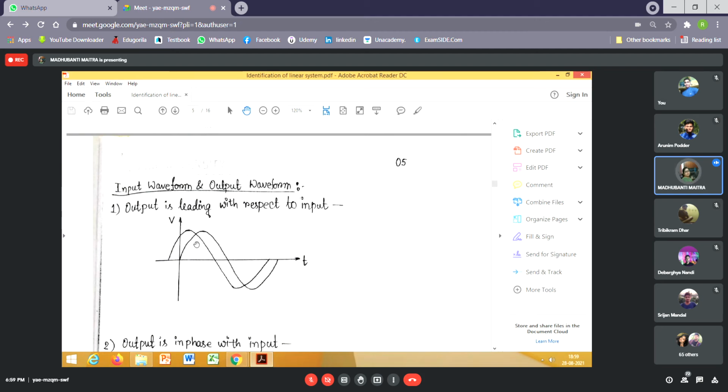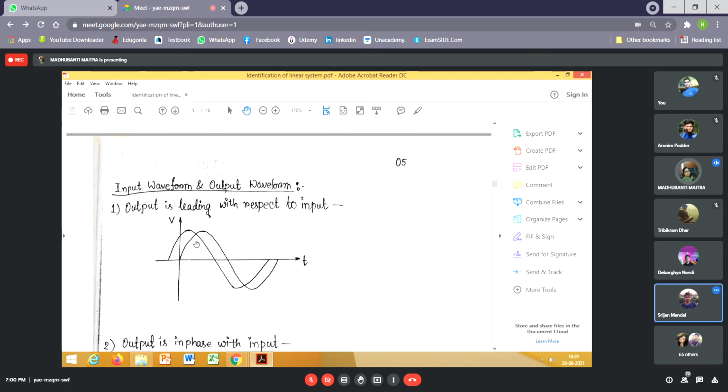Now, if we find after calculation that phi is positive, that means the phase angle of output with respect to input is positive, what will be the conclusion? The output is leading with respect to the input, isn't it? Yes, ma'am.